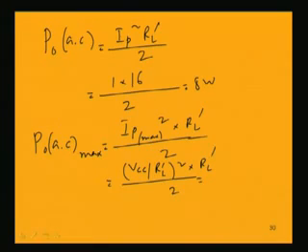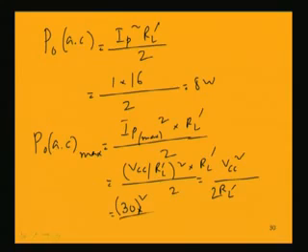So, it boils down to VCC square by 2 RL dash. Putting these values, 30 square divided by 2 into RL dash, which is 16, this gives the value of 28.125 watts.